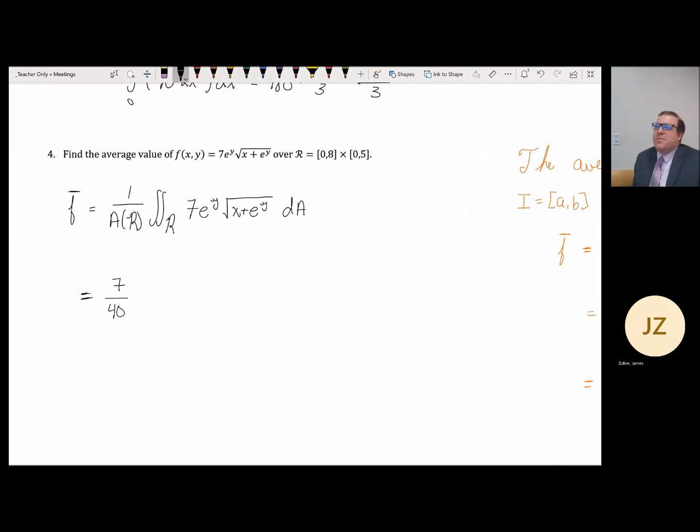Now we have to set up the iterated integral. Right? We have to decide, do we want to do dy dx or dx dy?